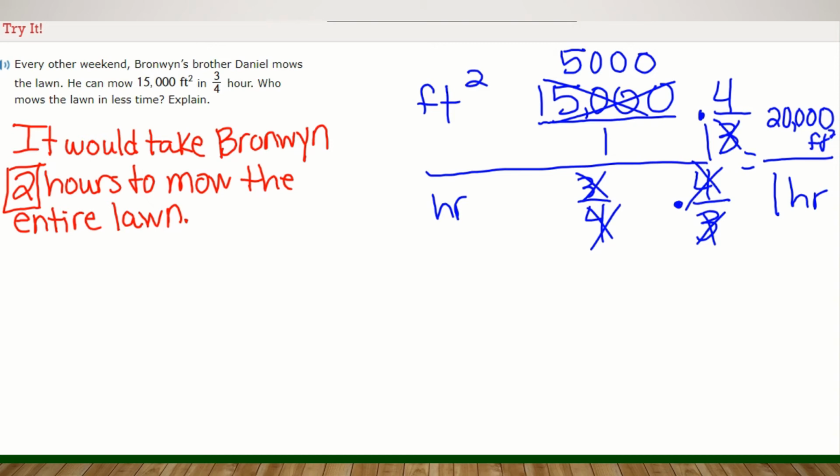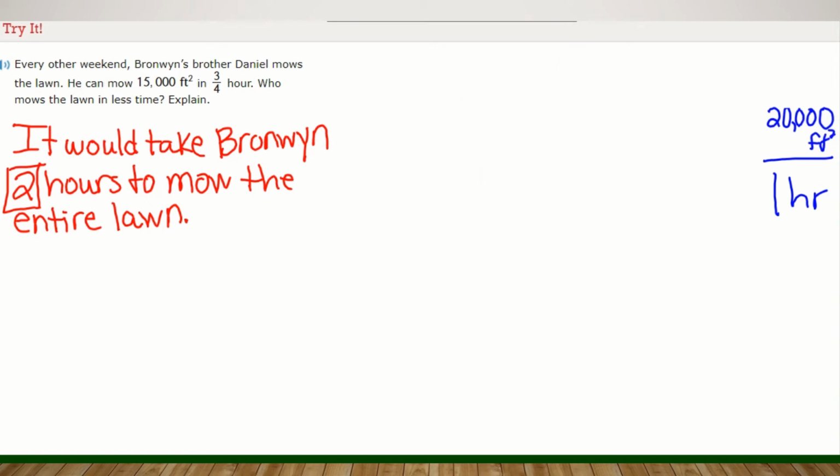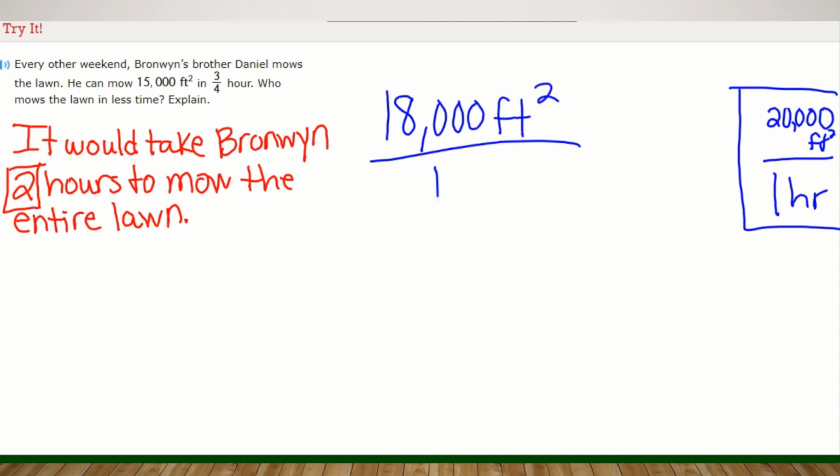So Daniel can mow 20,000 square feet in 1 hour. Remember, Bronwyn only mowed 18,000 square feet in 1 hour. So to answer the question, who mows the lawn in less time? Well, Daniel, of course, because he mows more square feet per hour than Bronwyn.